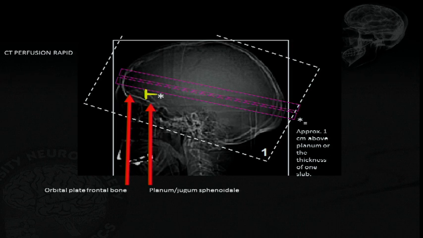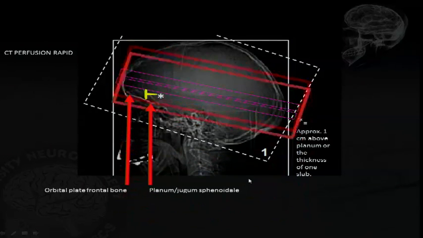You're going to look at your planum sphenoidale or your orbital frontal plate, and you're going to put it about 1 centimeter above your first slab, okay? Not next to it, because if we put it next to it, we're going to have this.